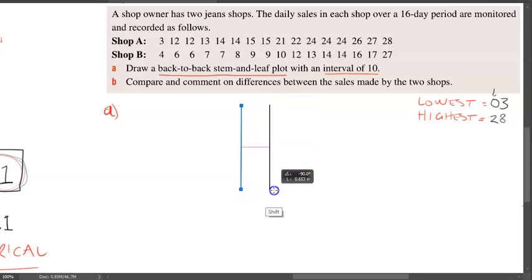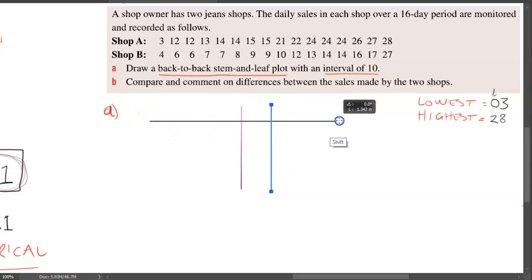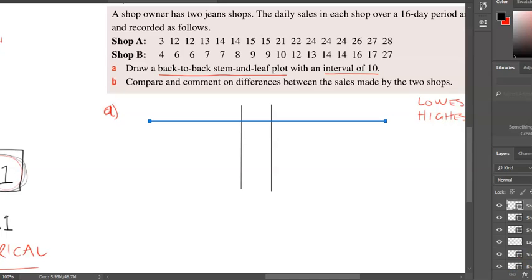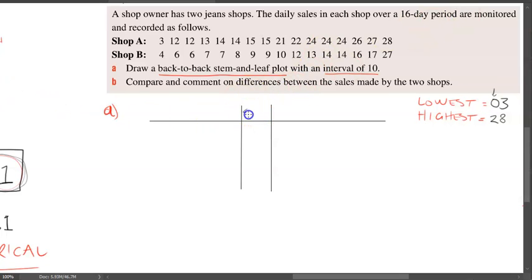There's a second one, and the line that goes across looks like that. So now we've included this extra line, and the positioning is going to look a little bit different, because we're getting two sets of information. The stem stays in the middle, and we've got a leaf, and we've also got our other leaf here.